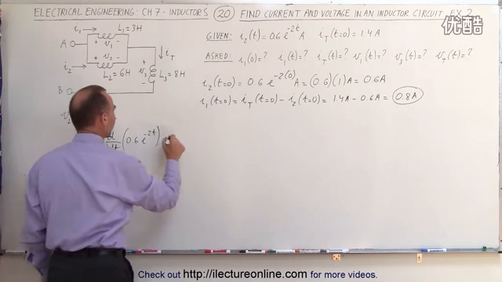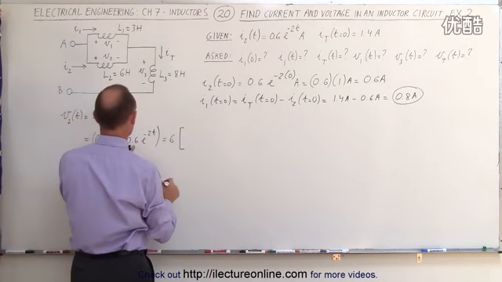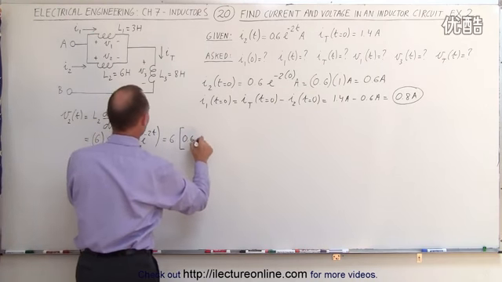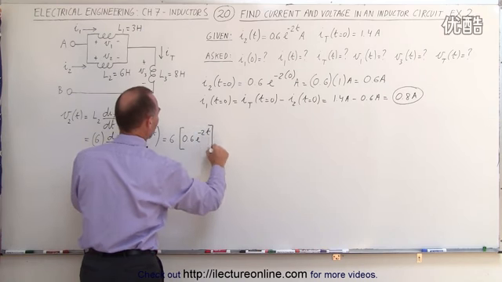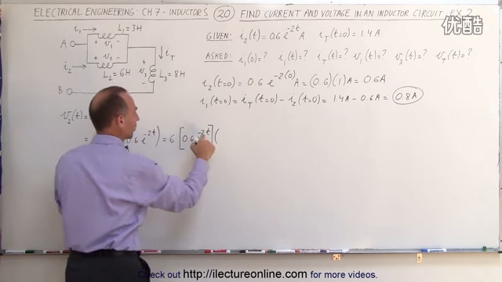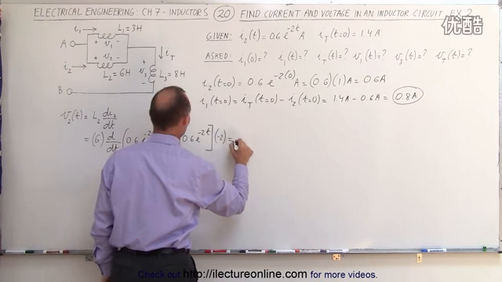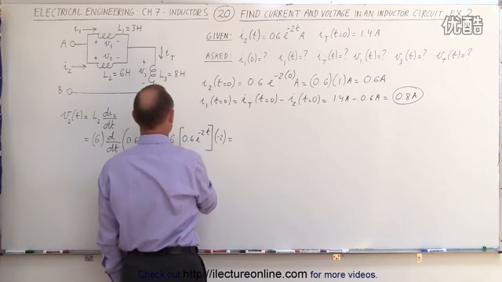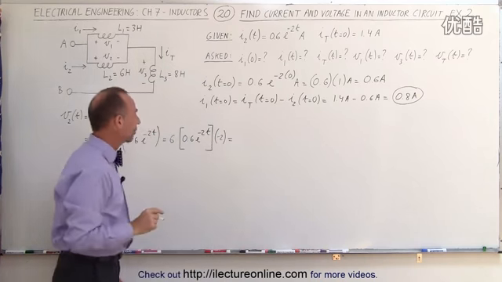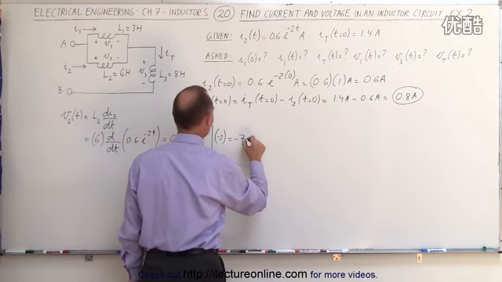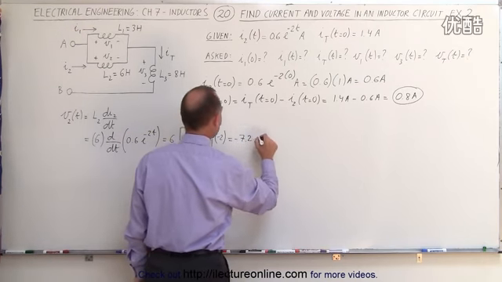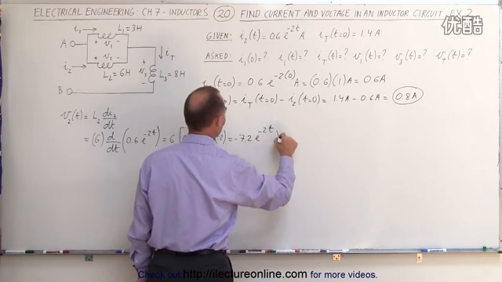Taking the derivative of that, we get 6 times the derivative of 0.6 e to the minus 2t, multiplied times the derivative of the exponent, which is a minus 2, which is equal to 6 times, that would be 3.6 times 2, that's 7.2, with a minus, minus 7.2 e to the minus 2t volts.